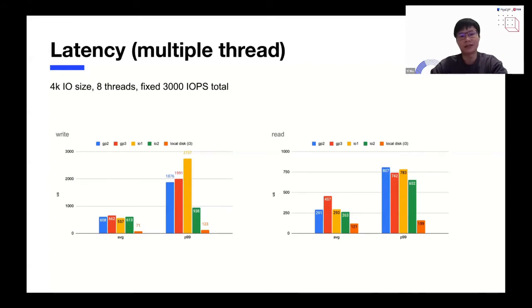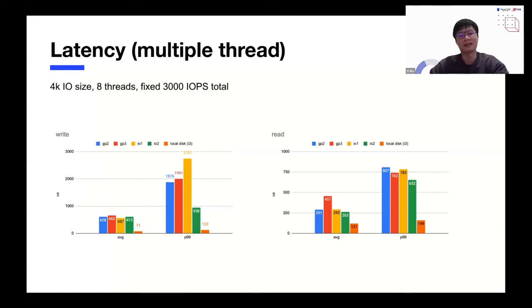For the GP2 volume types, under a smaller workload, it will have a lower latency, but it will have a higher tail latency when we have a more intense workload. And also it has a limited IO throughput of 250 megabytes per second, which is not configurable, which we consider is bad. And the GP3 volume types tend to have a more stable latency.